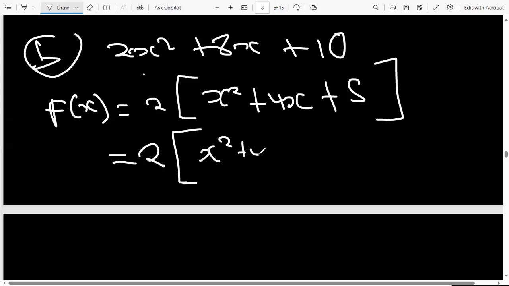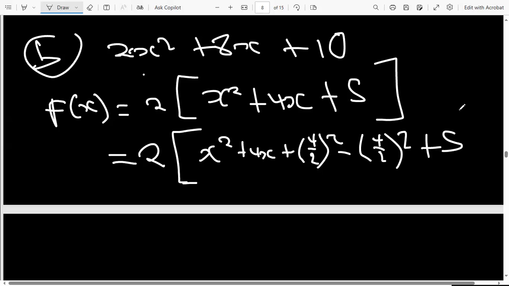You write it the way it is, up to the term with the x, and then you say plus the coefficient of x, which is 4, divided by 2, and then squared, then minus 4 over 2, and then squared. So the same thing, you just write it twice with different signs. And then you say plus 5 now, and this should be in the brackets like that.